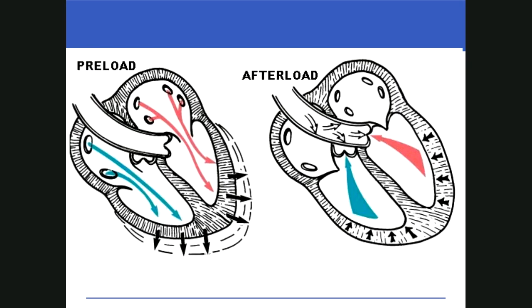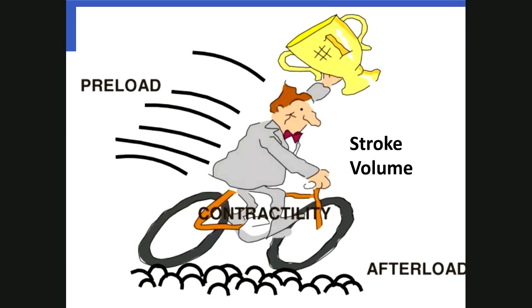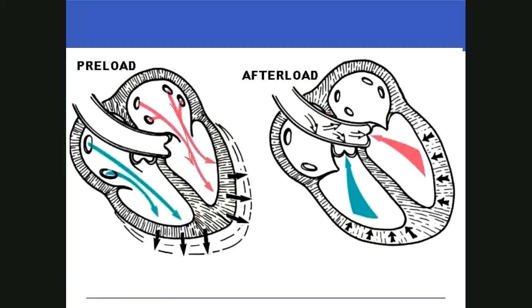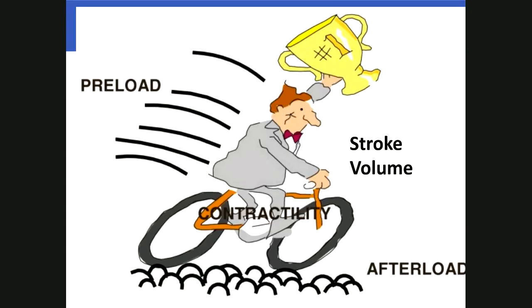And if I use this, there's the blood in there. If I use this, preload is like the wind at his back. So the wind at his back is pushing him. So is that going to make him go faster or slower?